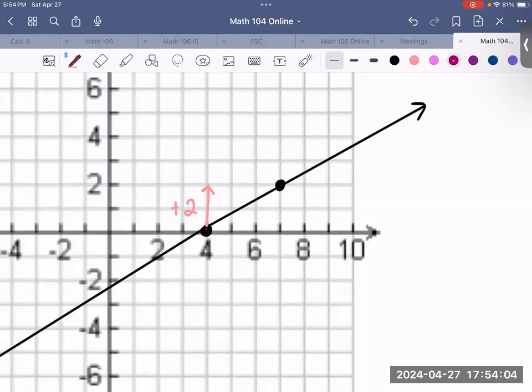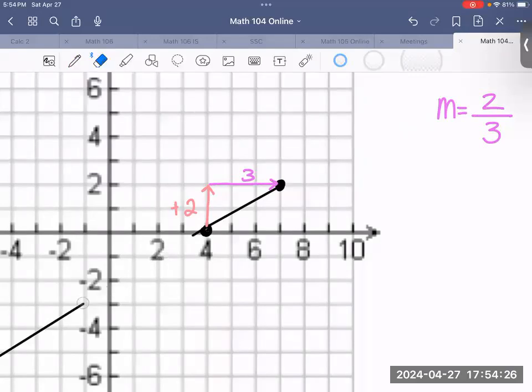And then we want to go all the way over 1, 2, 3 until we get to your point. So your slope here is 2/3, rise over run. So in order to get to your next point, perhaps I did not draw this ugly looking line. So we can just get to your next point.